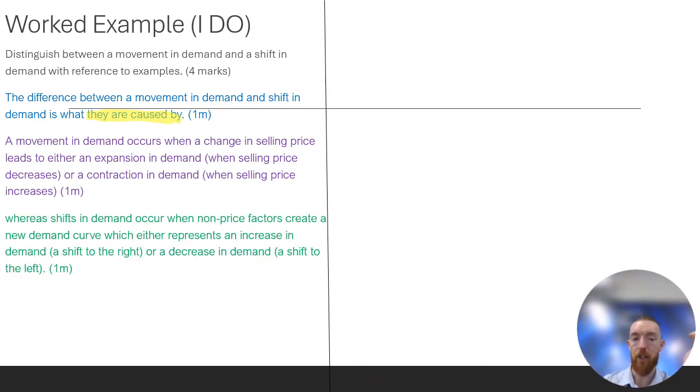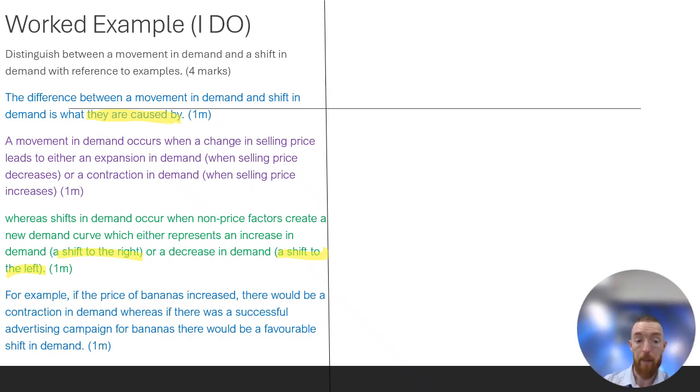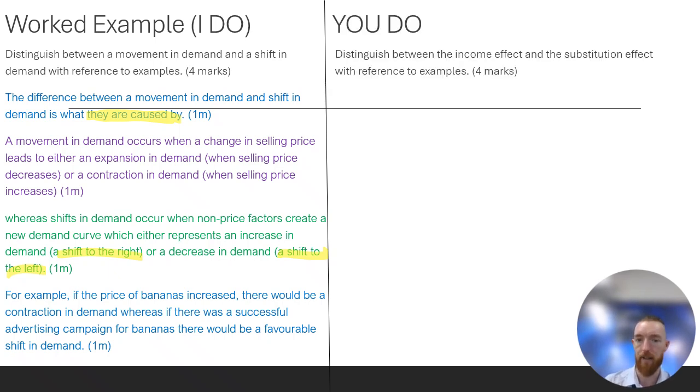Whereas shifts in demand occur when non-price factors create a new demand curve, which either represents an increase in demand, a shift to the right, or a decrease in demand, a shift to the left. For example, if the price of bananas increased, there'd be a contraction in demand, whereas if there was successful advertising for bananas, there'd be a favorable shift in demand.